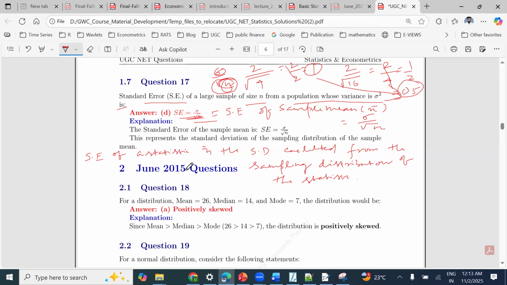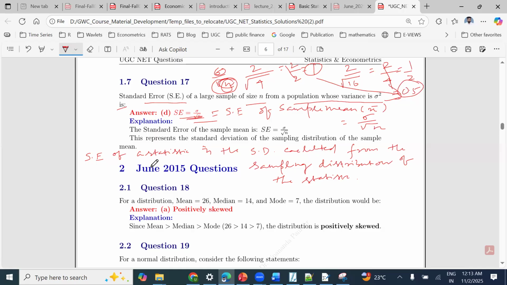Yesterday we had discussed this, sir. Standard error will decrease if we increase the sample size, because that is why it might come also in your first paper. So that is why you should remember this.